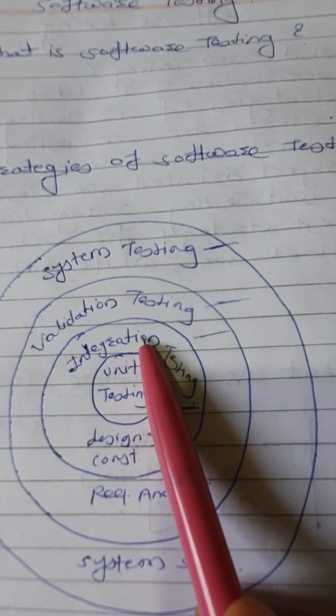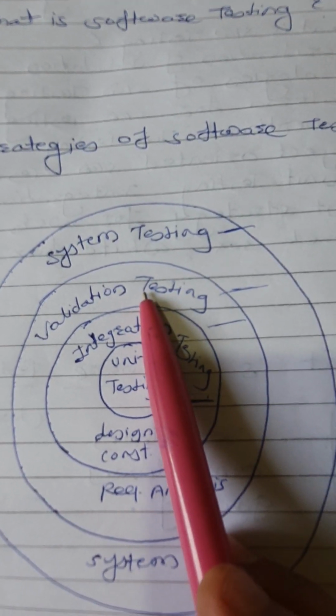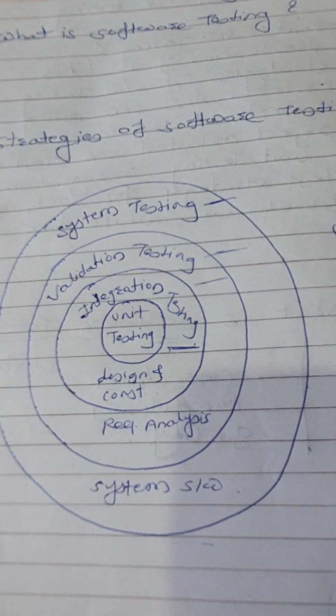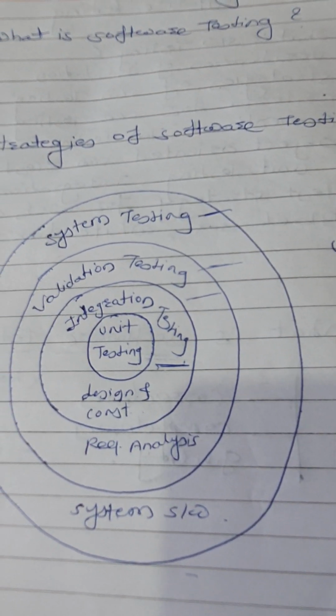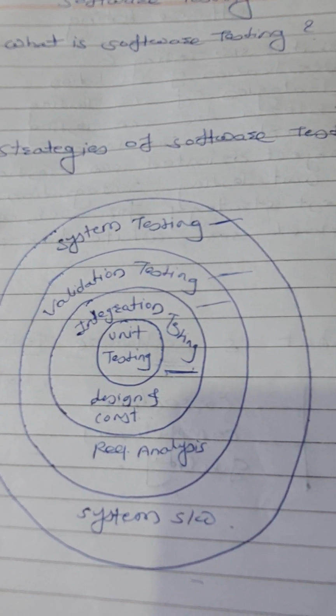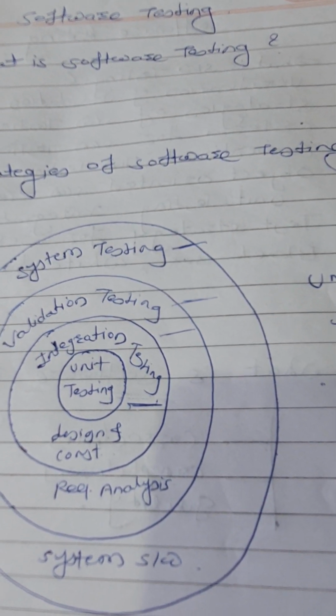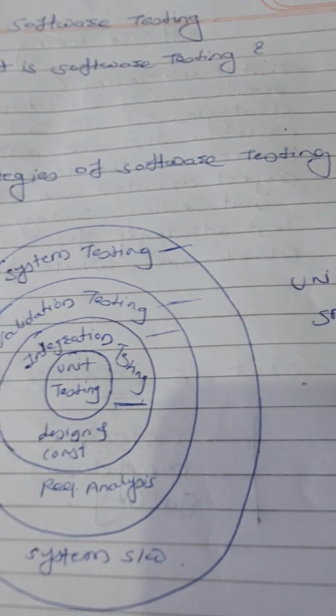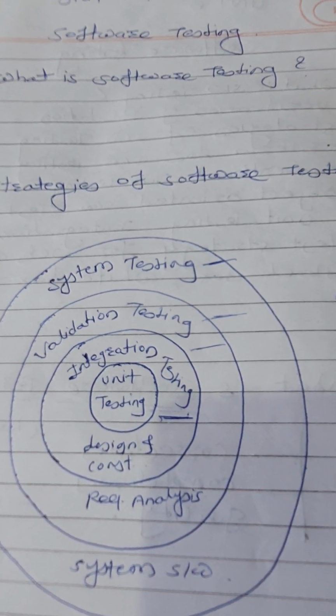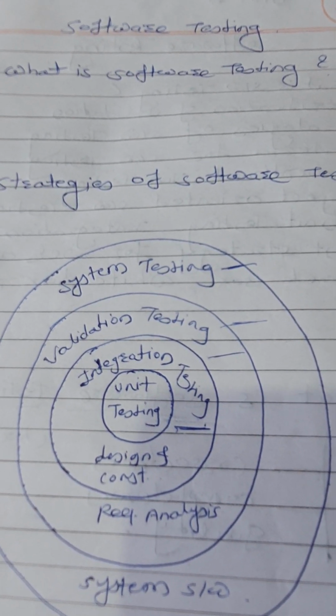This is called integration testing. Third one is validation. Validation is nothing but checking whether the particular software is valid or not. Means validation testing checks whether the requirements established are validated against the developed software or not.